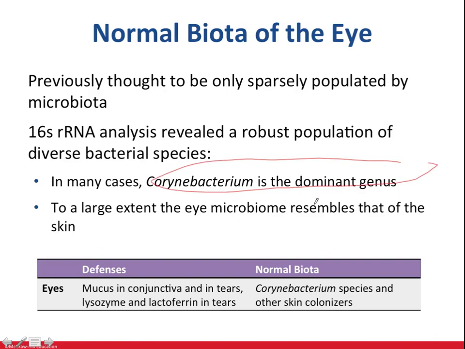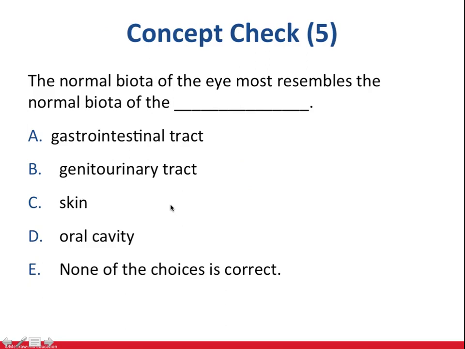There are also some other microorganisms similar to the skin. Now let's work on this question. The normal biota of the eye mostly resembles the normal biota of the skin, right? Because it's close to the skin.